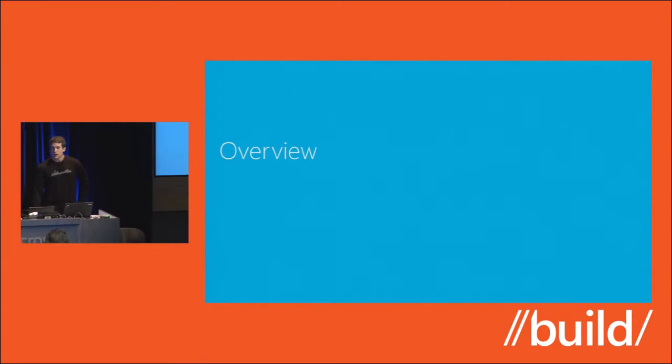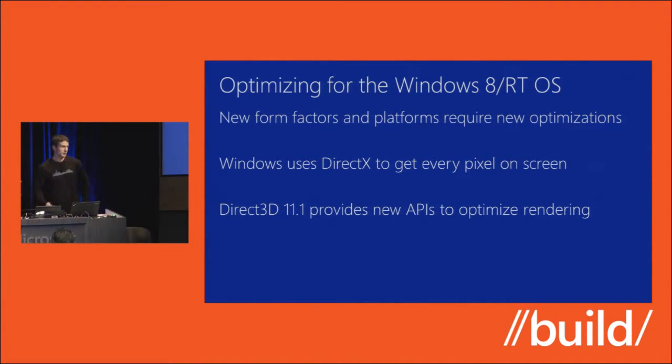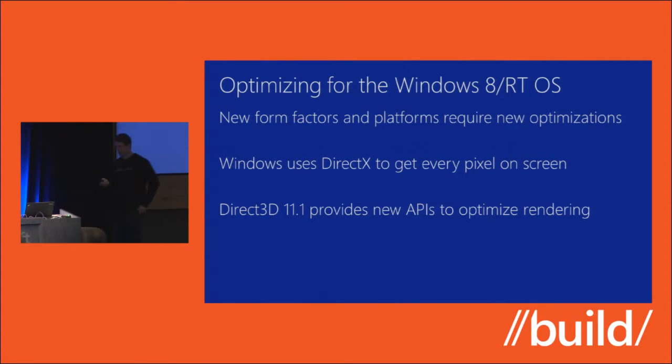So, high level, what's new about optimizing for Windows 8 and Windows RT? As I mentioned, it's both a new software platform and we're targeting new hardware platforms with Windows 8 and Windows RT. On the hardware side, we've enabled these really long battery life, really power-efficient platforms.